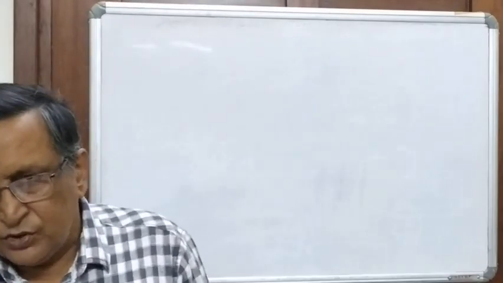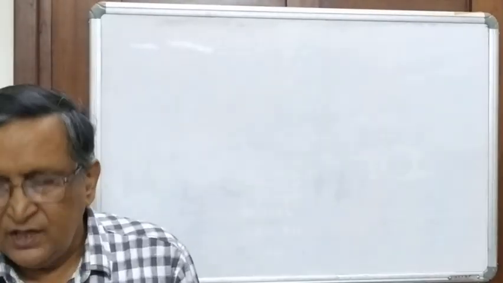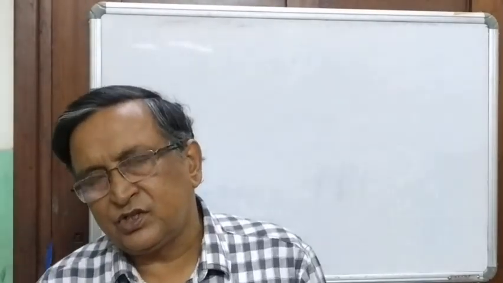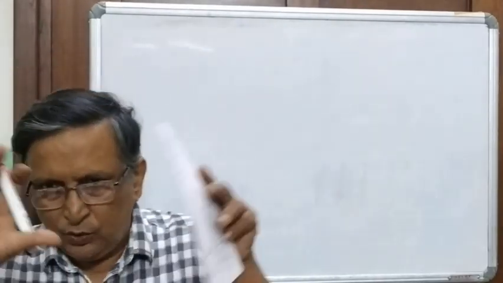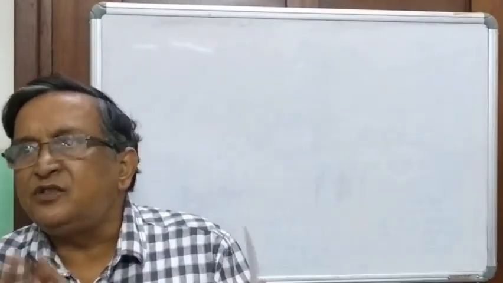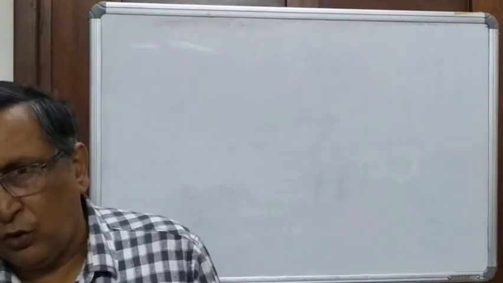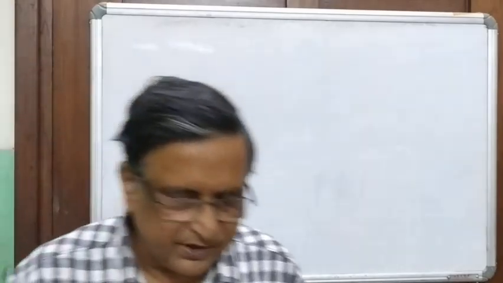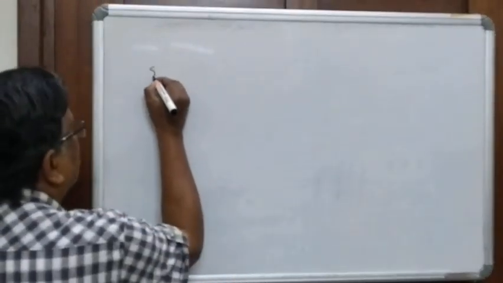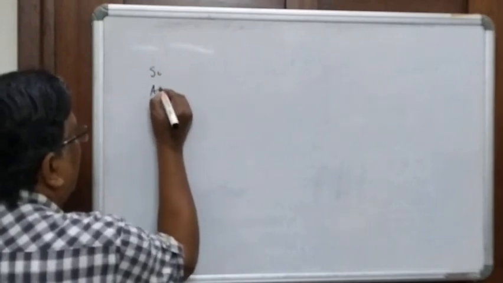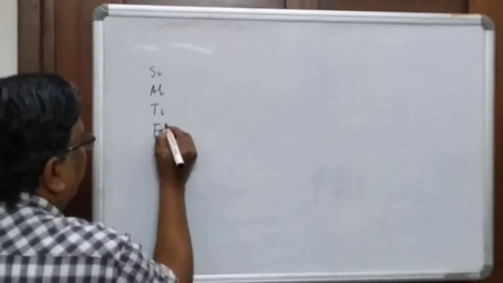So right now I will list some of the more major elements that occur in the Earth's crust and Earth as a whole. And then I will show you the abundance of these elements between the Earth's crust and the core, and then we will talk about radius ratio, etc. So the elements that dominate are silicon, aluminium, titanium, ferric iron.